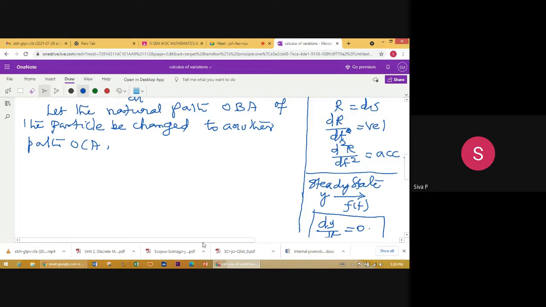You can write F equal to ma like this. Then let the natural path OBA of the particle be changed into another path OCA, with endpoints remaining the same.